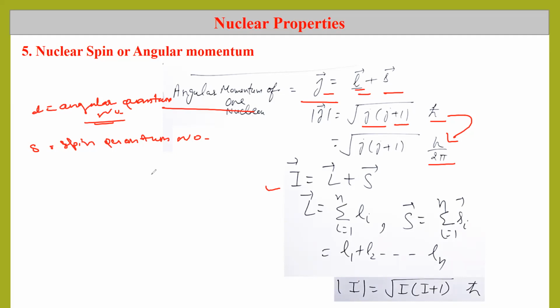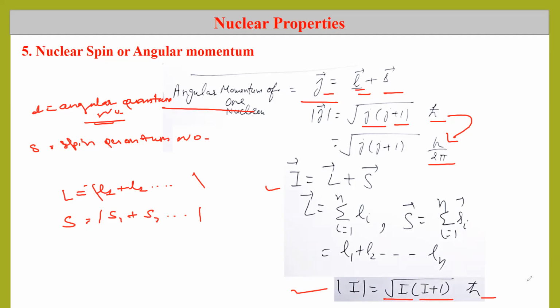For the L value, you know that capital L is always L1 plus L2 and so on. And what is S? S is S1 plus S2 and so on. So at the end, the nuclear spin value comes like under root I into I plus 1 h cut.